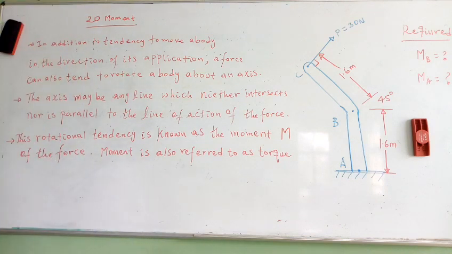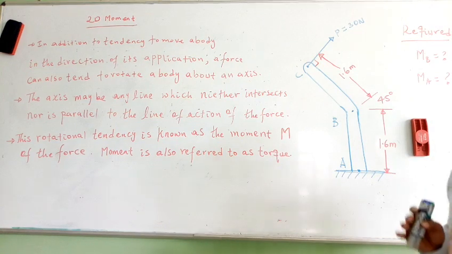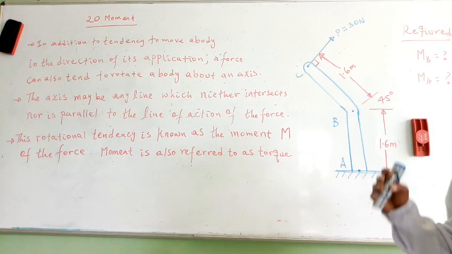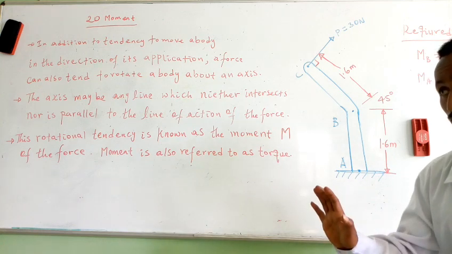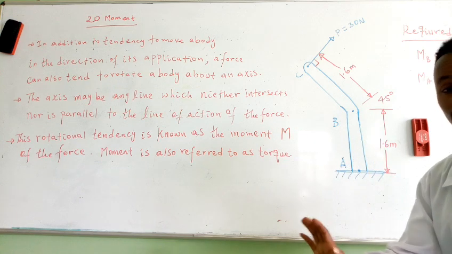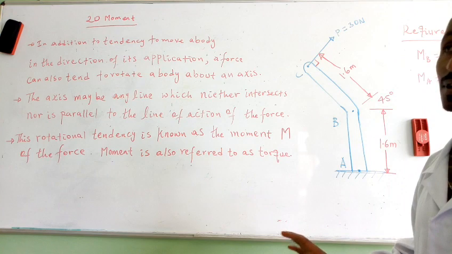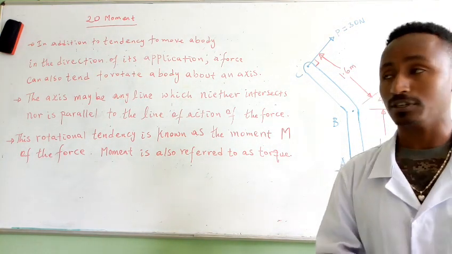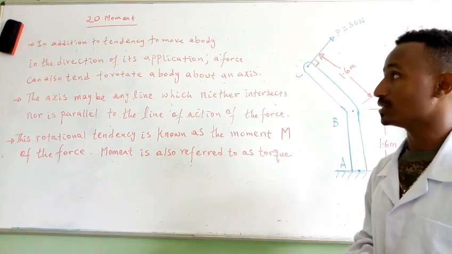So, in addition to the tendency to move a body in the direction of its application, that is one of the definitions of the force. When we move an object from one place to another place, we can use force. The elementary definition of the force is a pull or push of an object.